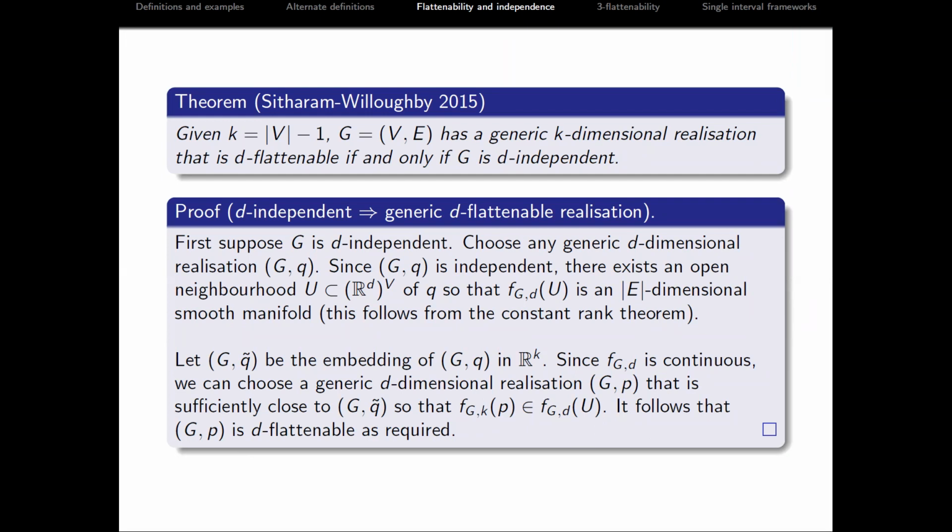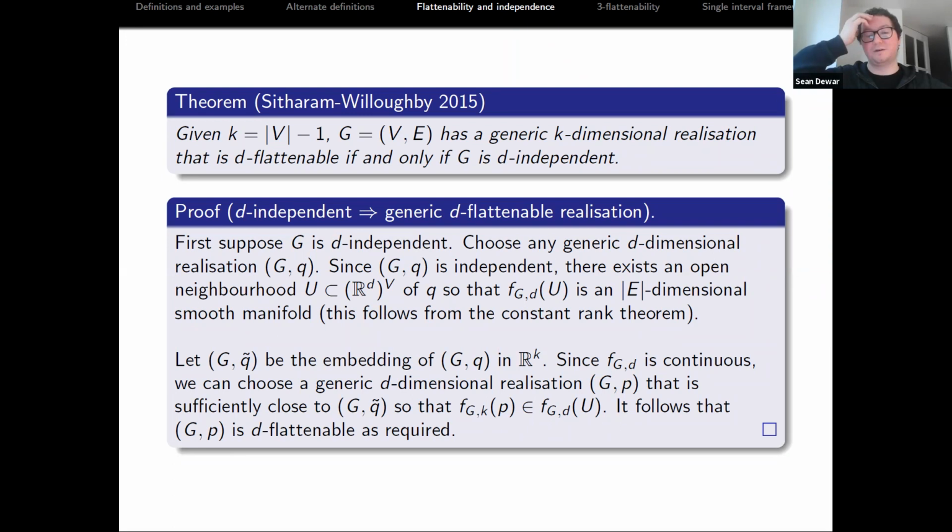So independence guarantees that f_GD is open, right? Not necessarily, because you can still have dependent realizations. So I wouldn't want to call the map open, because there could be some other framework which is not generic, at which the map is not open. So you've got to be a bit careful, because if a graph is independent, it doesn't necessarily mean that the rigidity map f_GD is going to be an open map.